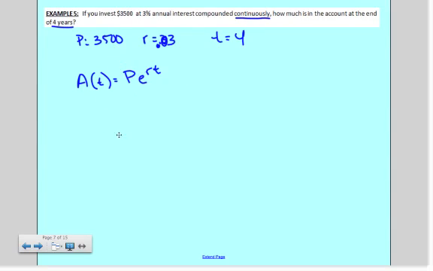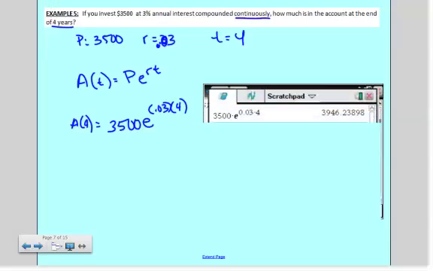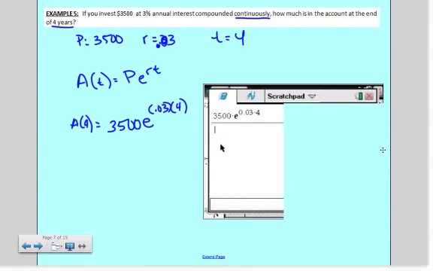P is the same as principal, so I've got 3,500 times E, which is our special number, to the R, which is 0.03, times 4. And this represents A of 4. We plunk that on our calculator.